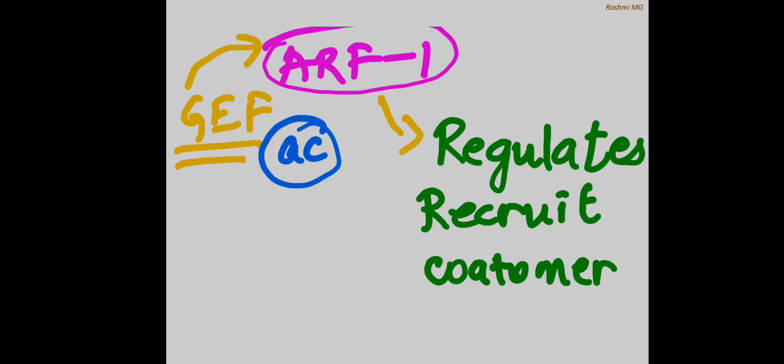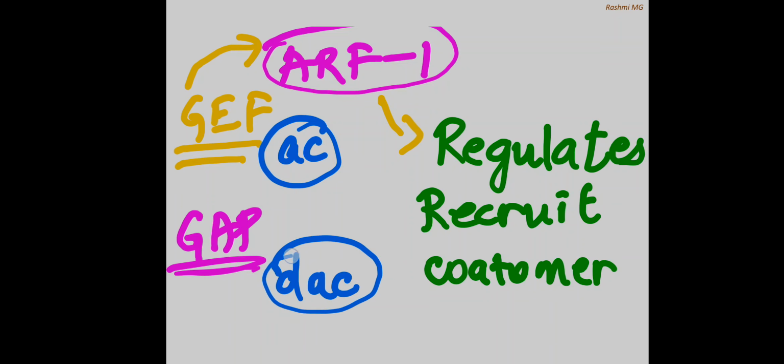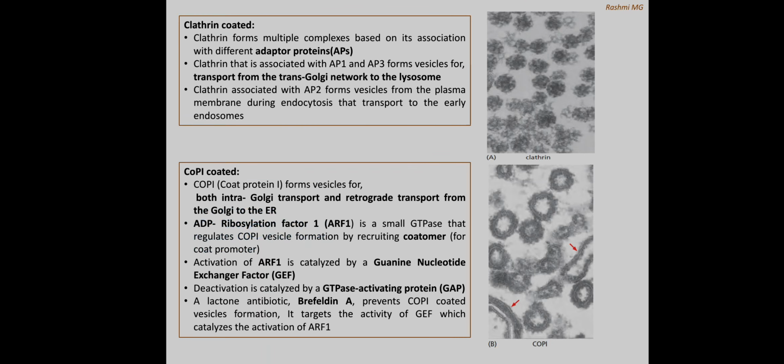But there is another enemy for this ARF, that is GAP. GAP means GTPase activating protein. This will deactivate the ARF1. Now we'll see.